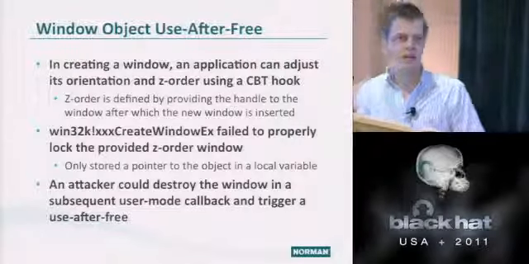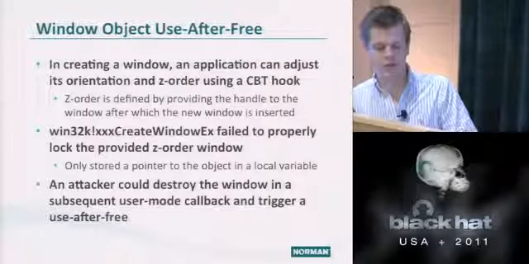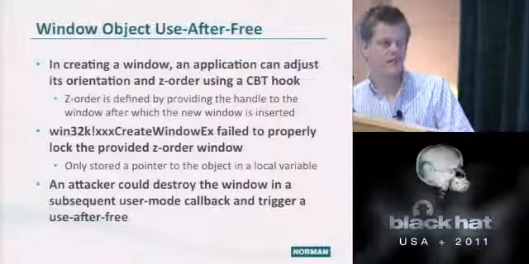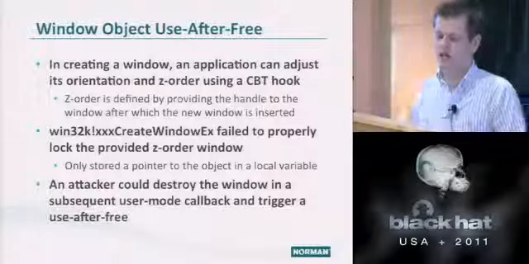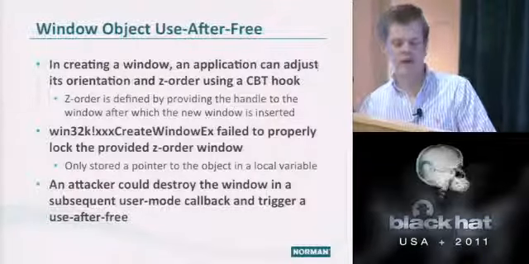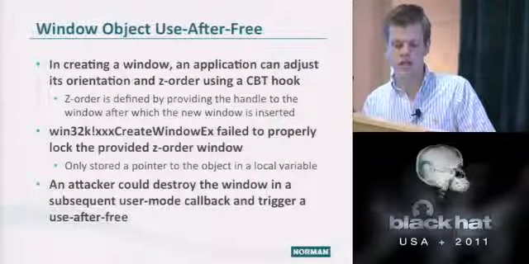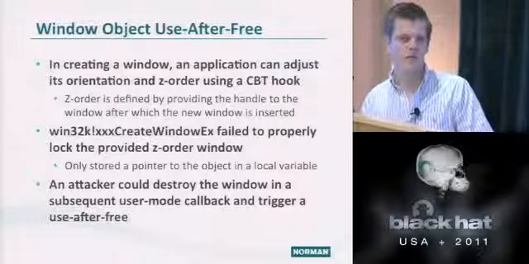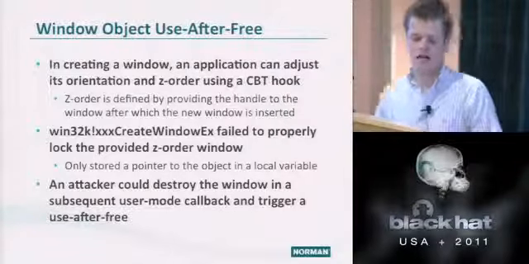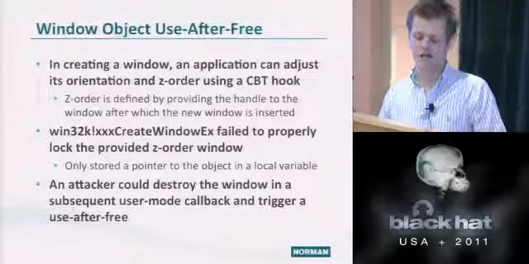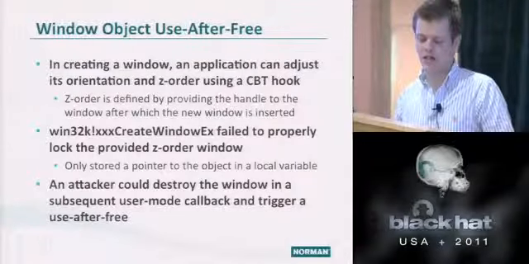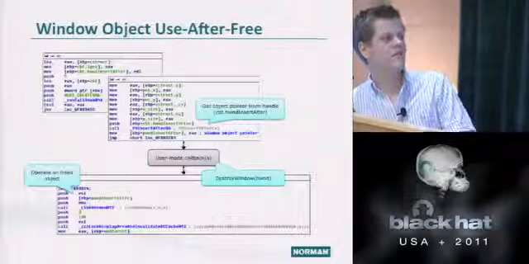The problem with this function, CreateWindowEx in Win32k, was that it did not sufficiently lock this object. It just obtained a reference to the pointer to this window, and then it would invoke subsequent callbacks in which you could potentially destroy this window, and then kept on using it when linking it into the Z order handle list.